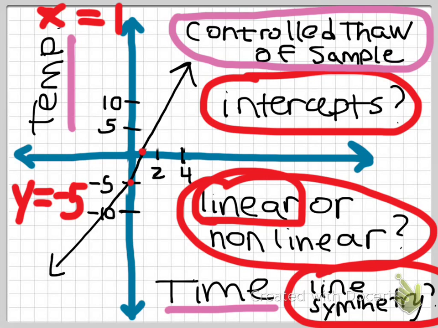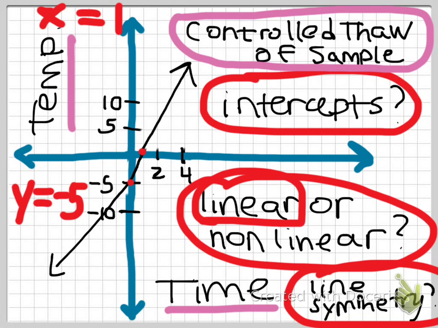So if we want to talk about what x equals 1 means, that's the intercept for x, we would say that it means after 1 hour, our temperature is now up to 0 degrees. If we think of each degree here on the y-axis as a 1 degree. So 1 is your x. It means after 1 hour, the temperature is 0 degrees.